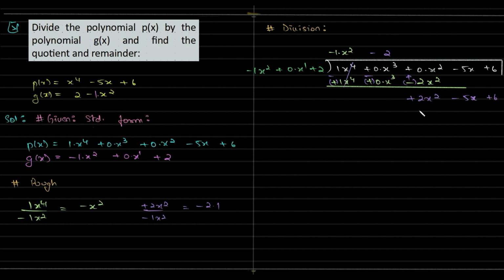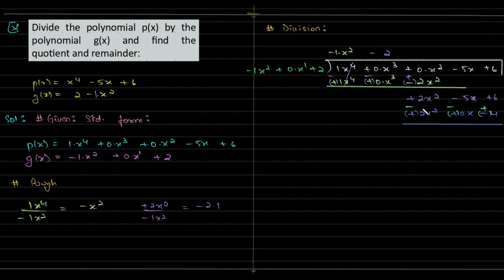Minus 2 into all of this will be plus 2x square, 0x, and minus 2 into 2 is 4. So we draw a line and change the sign.